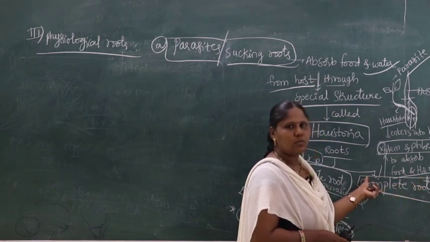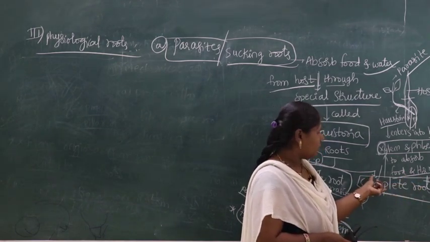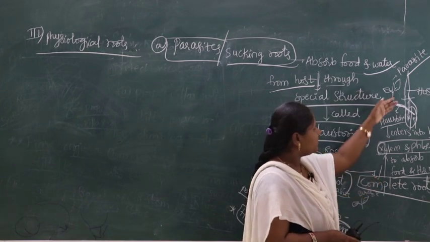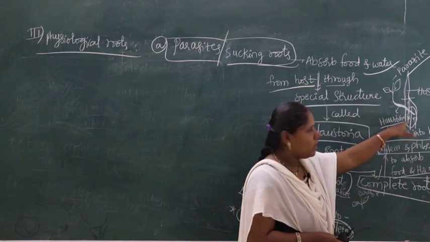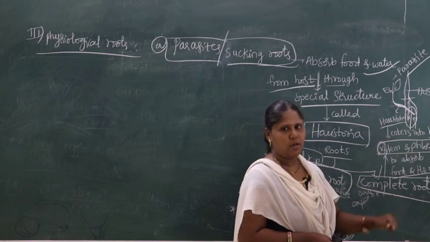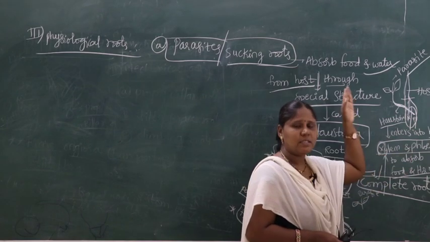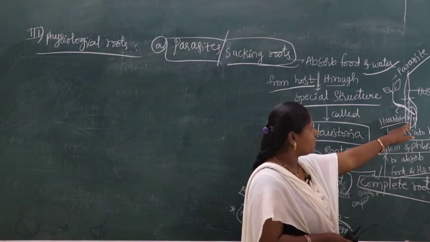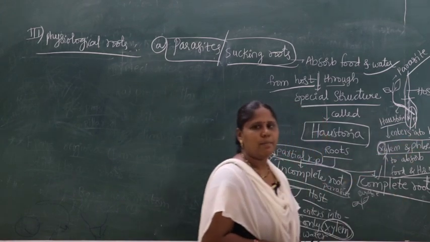That's why they are called complete root parasites. It takes water from xylem and food from the phloem. It depends completely for food and water on the host plant.